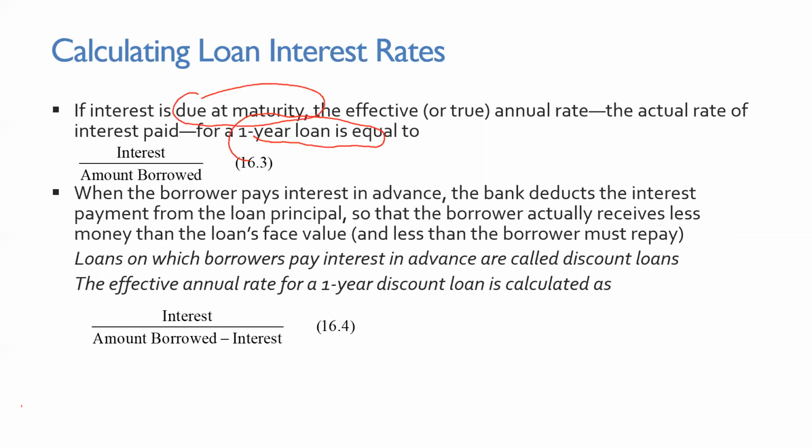So if you borrowed on January 1, 2021, the maturity date is December 31, 2021. You have to pay the principal and interest on the same date. So you receive the principal on January 1, 2021, and then you pay the principal and the interest on December 31, 2021.